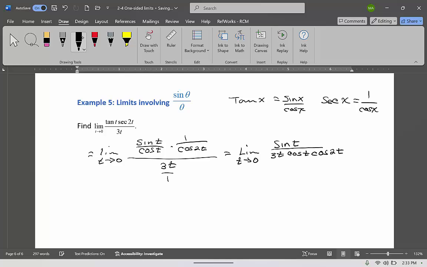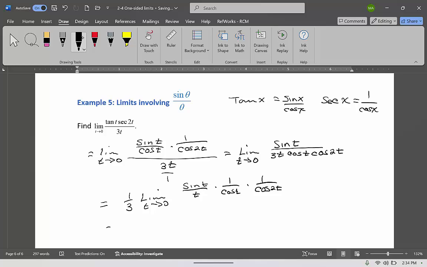Okay, so I'm just doing the invert and multiply. And now I'm just going to rearrange some terms. I'm going to write this as 1/3, because that 3 in the denominator can come out of the limit, times the limit as t approaches 0 of sine t over t. Okay, so that takes care of the sine t over t. And then we have 1 over cosine t times 1 over cosine 2t.